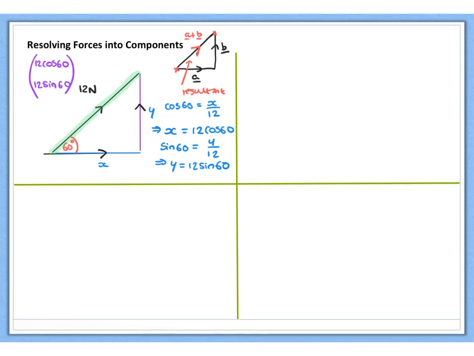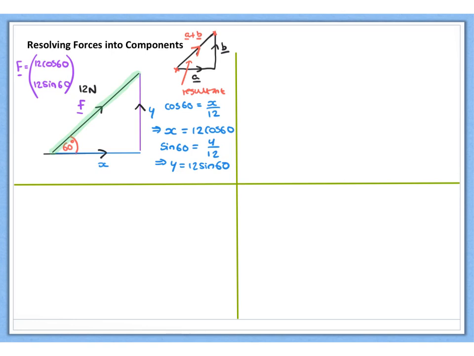If I call this green highlighted force, which has a magnitude of 12 newtons, vector F, then F is equal to this column vector here. I must underline it so it's clear that F is a vector force.